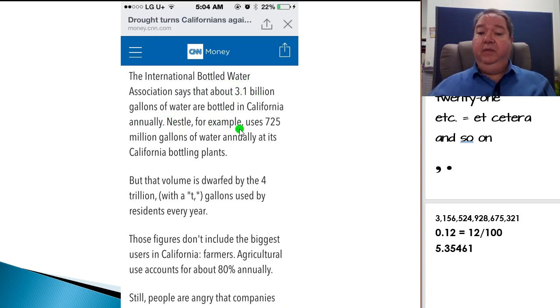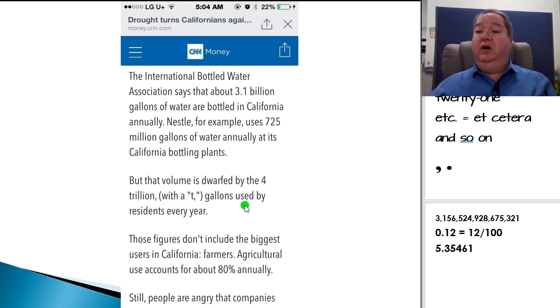Nestle, for example, uses 725 million gallons of water annually at its California bottling plants. A plant is a factory. The factory where they bottle water, put it into the bottles. But that volume is dwarfed. That volume looks very small in comparison by the 4 trillion, with a T, gallons used by residents every year.